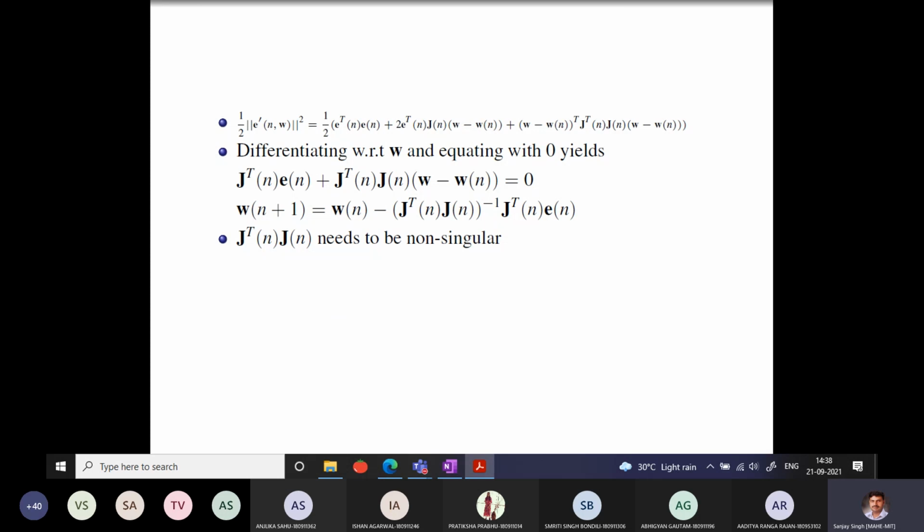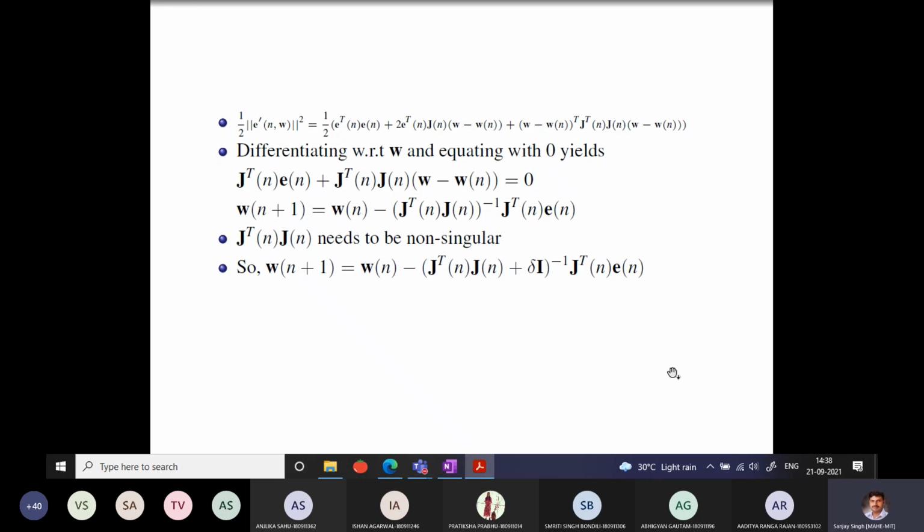In order for this particular solution to exist, again the requirement is that J transpose J n should be non-singular at each iteration. Which is very simple to do in this case, because Jn is a gradient, not the Hessian.